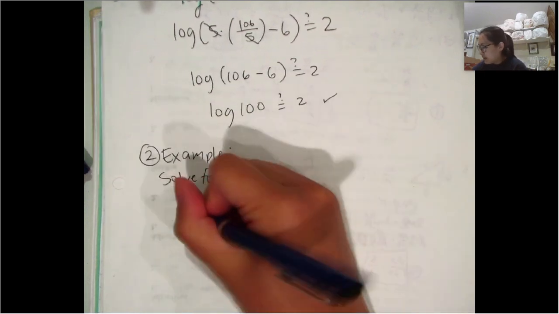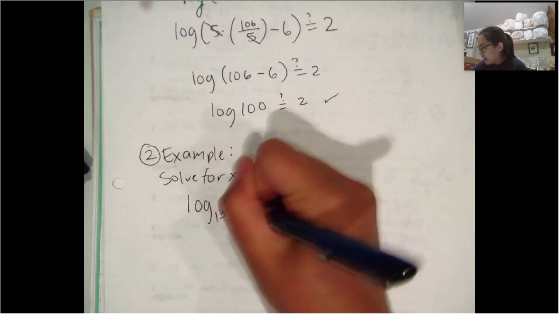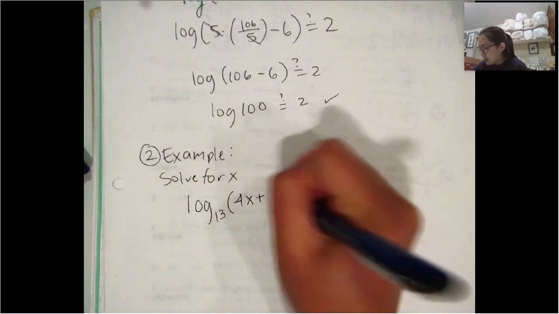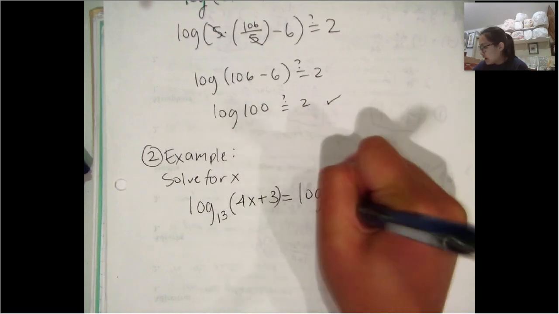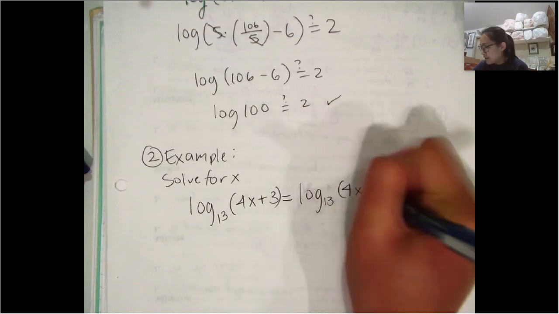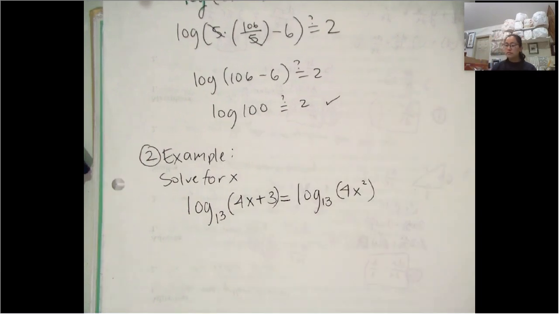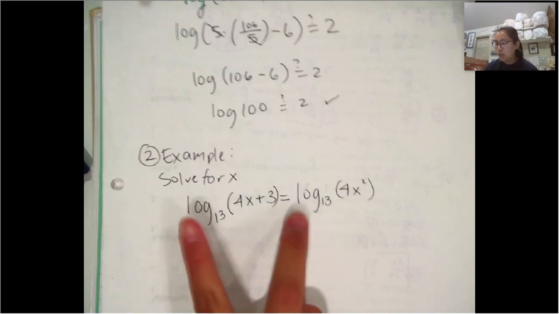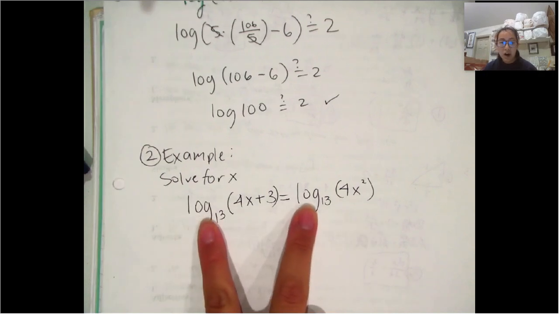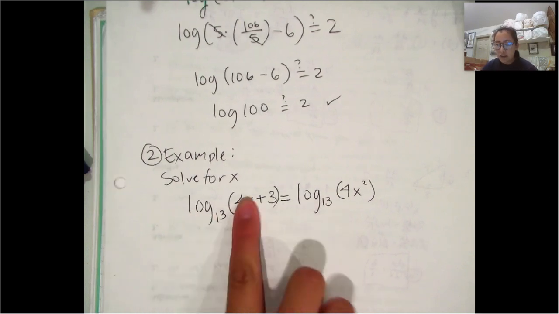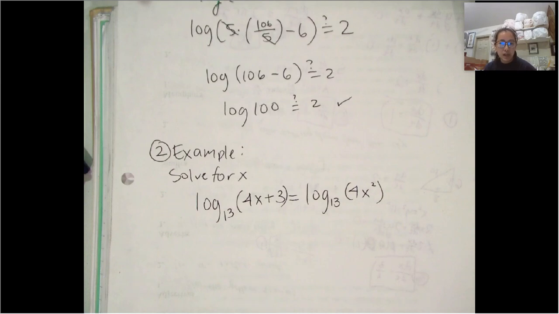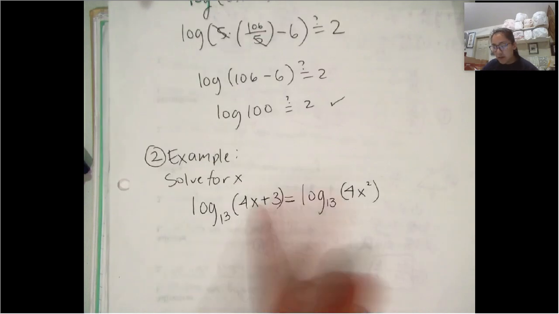And so we have log base 13 of 4x plus 3 equals log base 13 of 4x squared. First of all, when you're doing a log on both sides type of problem, you want to make sure that the logs on both sides are the same log. If they're the same log and you're saying log of this equals log of that, then wouldn't you be able to say that this has to equal that?